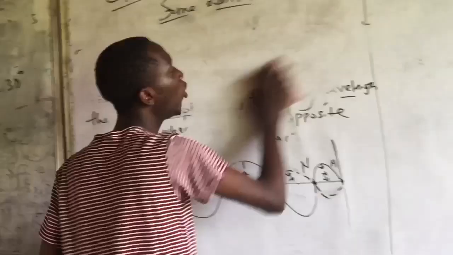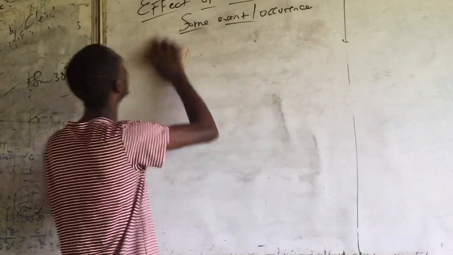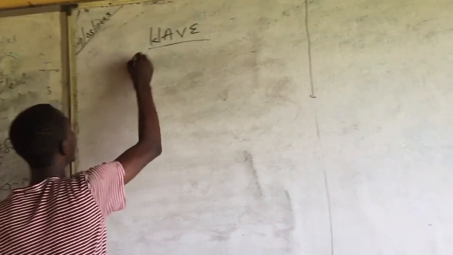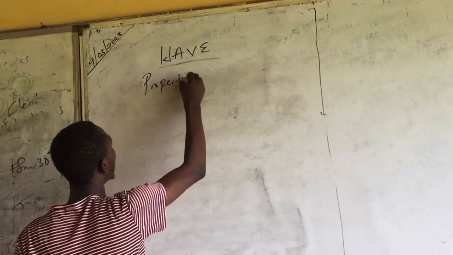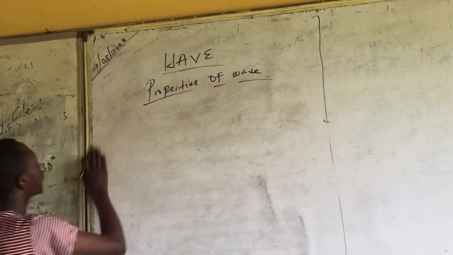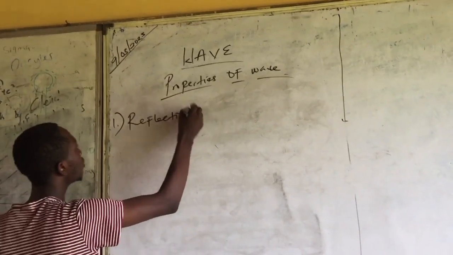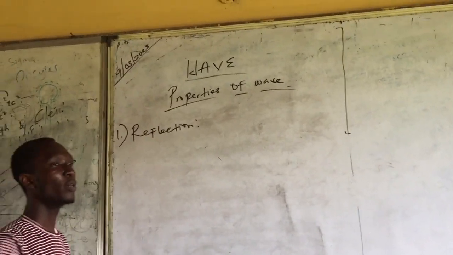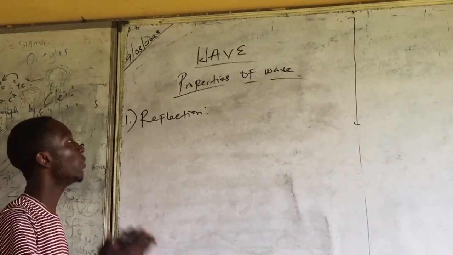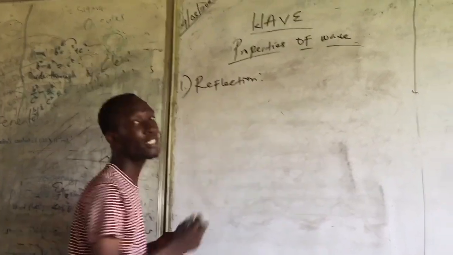Now, the next thing I will be discussing with you guys is properties of wave. We have some properties of wave, which is like reflection. So now, when a wave is moving and it hits an obstacle and moves in opposite direction, we call this kind of occurrence reflection.